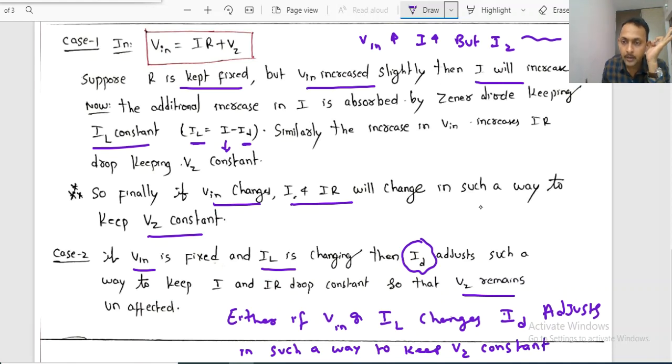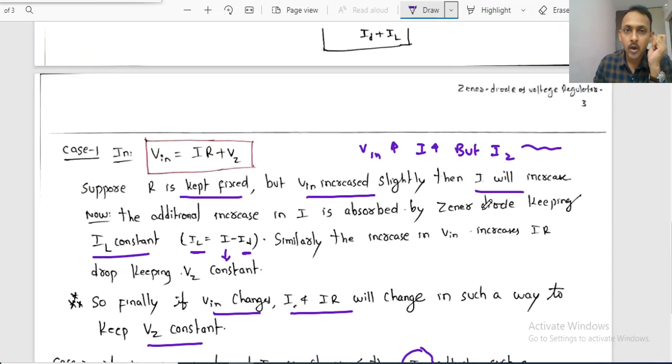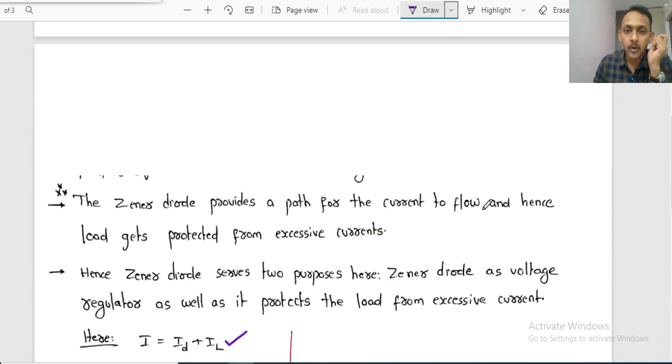Very important, to keep the voltage across the diode constant. Clear? Right. So this is all about the Zener diode as a voltage regulator.